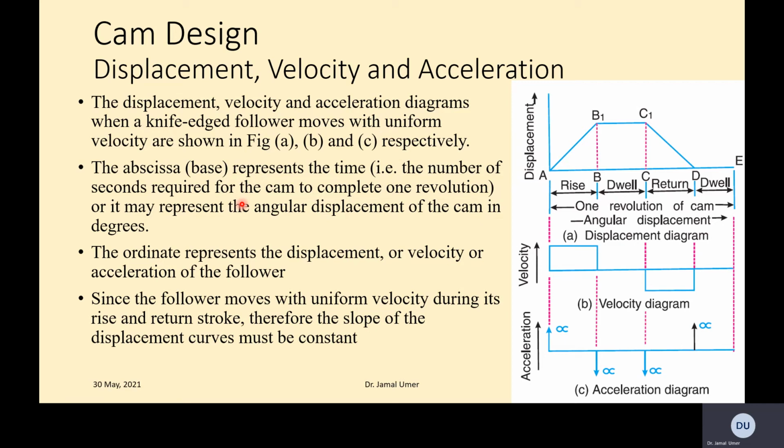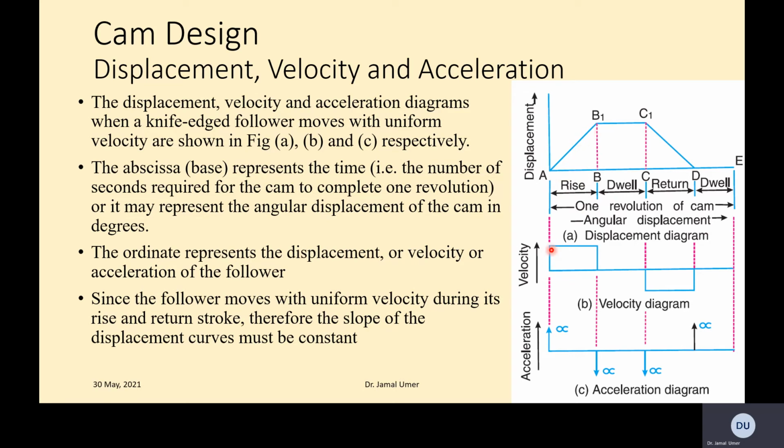The ordinate, as shown, represents the displacement or velocity or acceleration of the follower. Since the follower moves with uniform velocity, this one is a straight line. What does this mean? If the displacement is going continuously up, it means it is going with a constant speed.